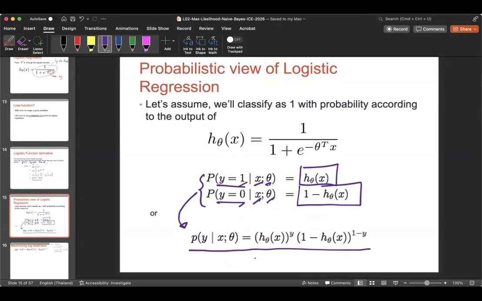If y equals 1, you get this, and the other term becomes 0, so you only get this. If y equals 0, you get 1 minus h. So this is a nice trick to write the above equation in one form.